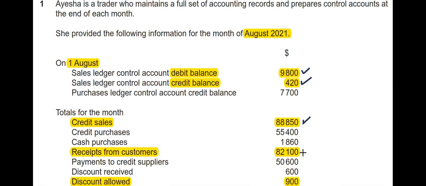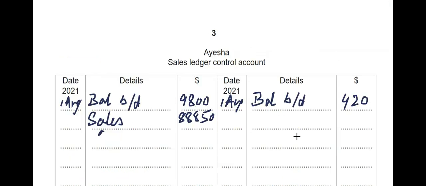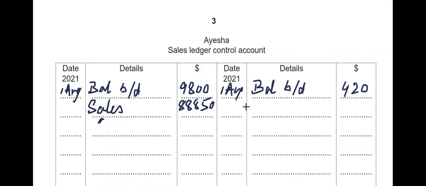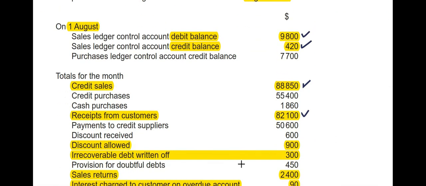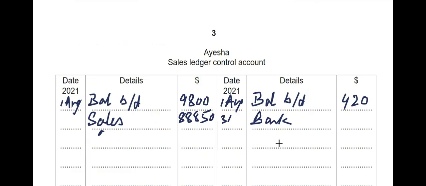Now once I have recorded this amount, we'll look at the other values. So we have receipts from customers. This is the amount of money that we are receiving from the customer, so this will go on the credit side of the sales ledger control account. So we'll simply write bank and the amount that we received, which was 82100.